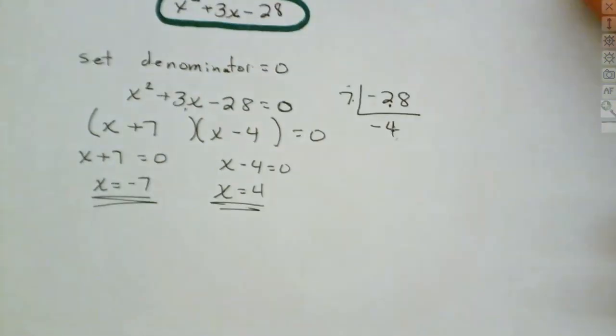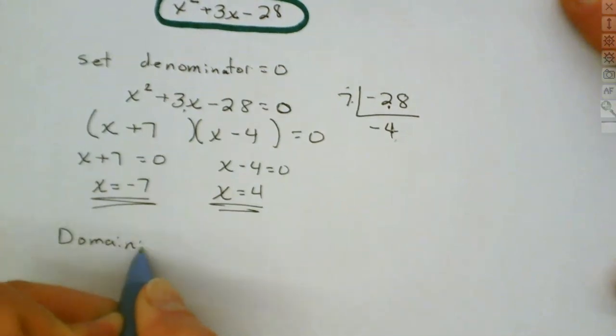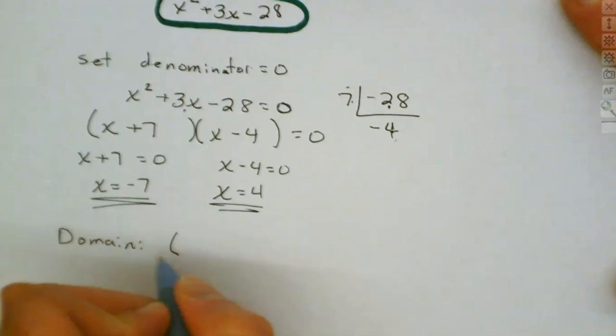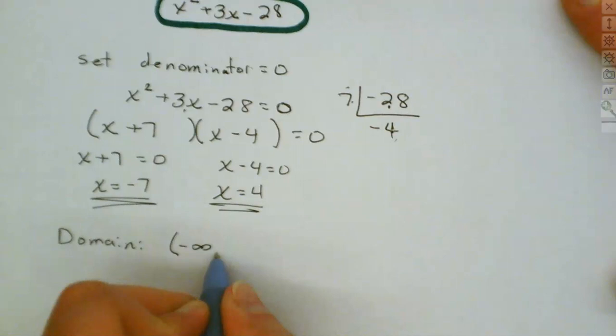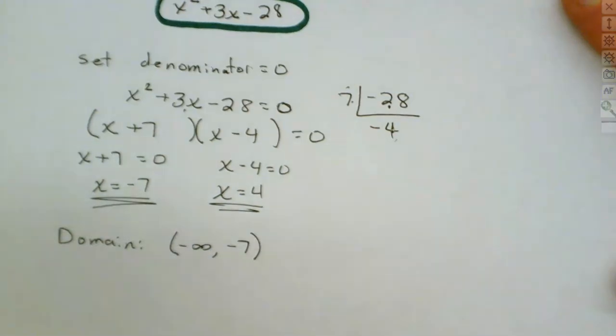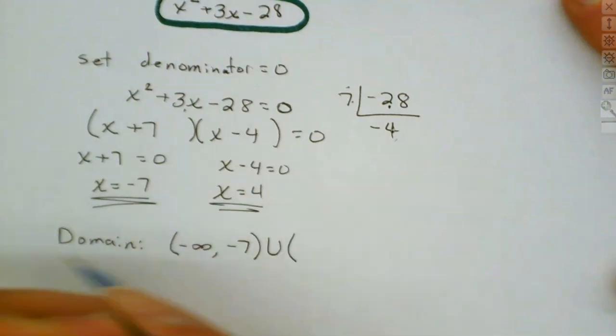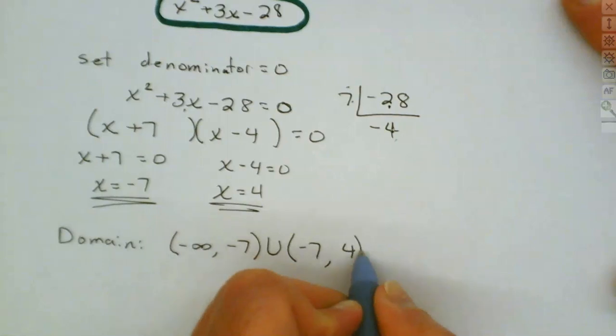How do we write up our domain? Well, we write up our domain by starting from the smallest number. So we have negative infinity, and that's going to go to the smaller number, which is negative 7. You're going to use nothing but parentheses here. Then we're going to union that with negative 7 to positive 4.